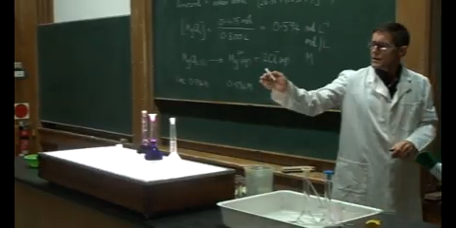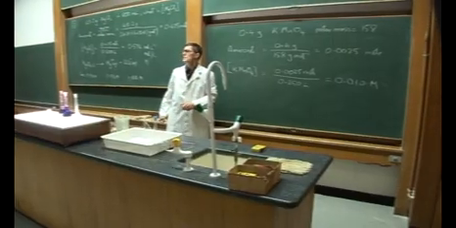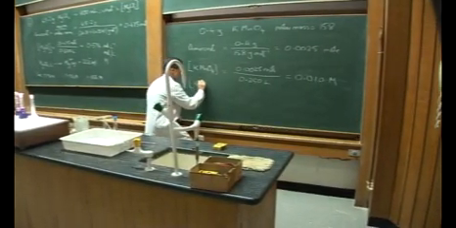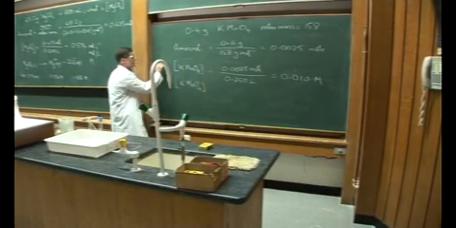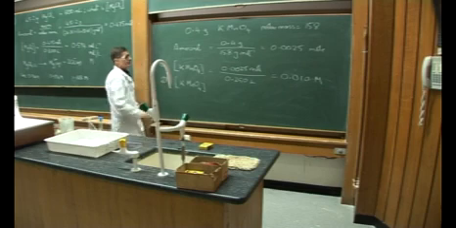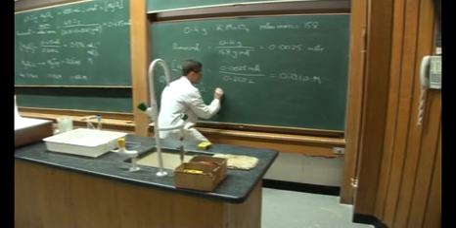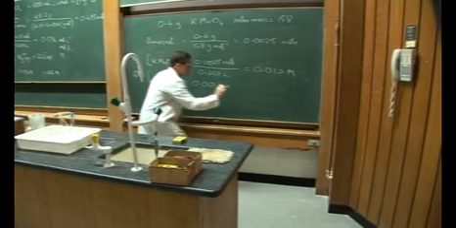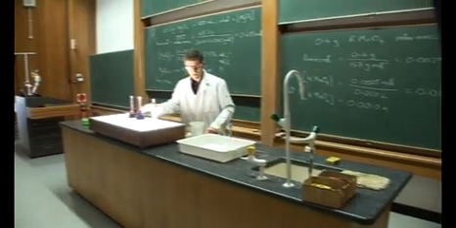Having taken 25 ml of one solution, diluted it to 250 mils, my potassium permanganate solution in flask 2 is going to be 1/10 of the concentration in flask 1. So I'm now down to 1/100th of a molar.